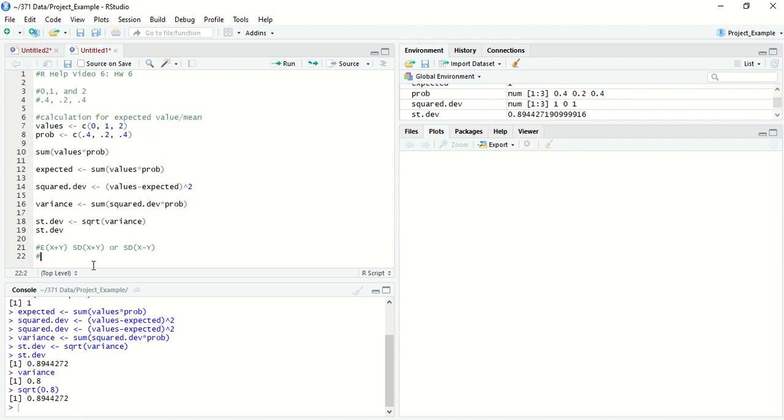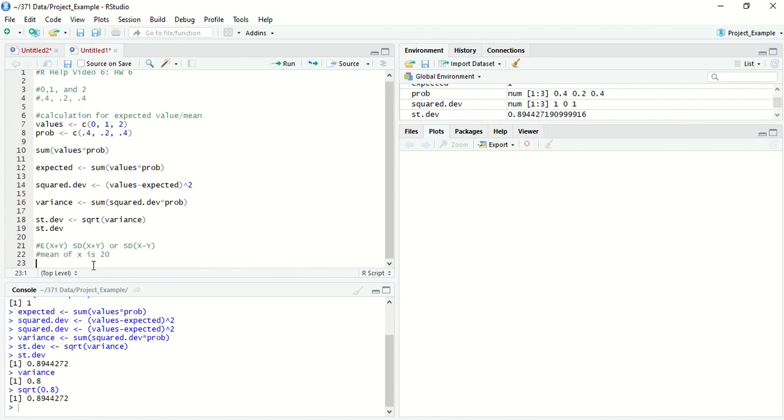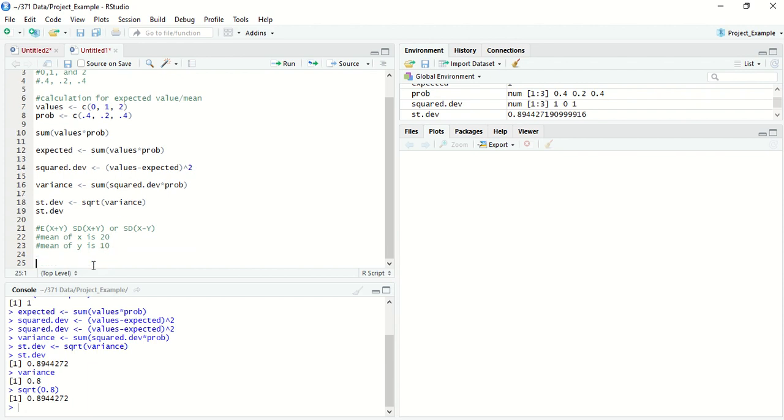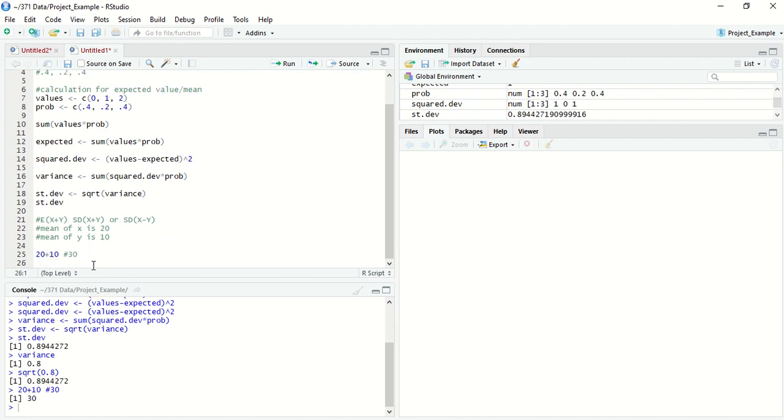Let's also give the detail that the mean value of x is 20. Let's say the mean of y is 10. To get the expected value of x plus y, you just add the values. So the expected value is 30.